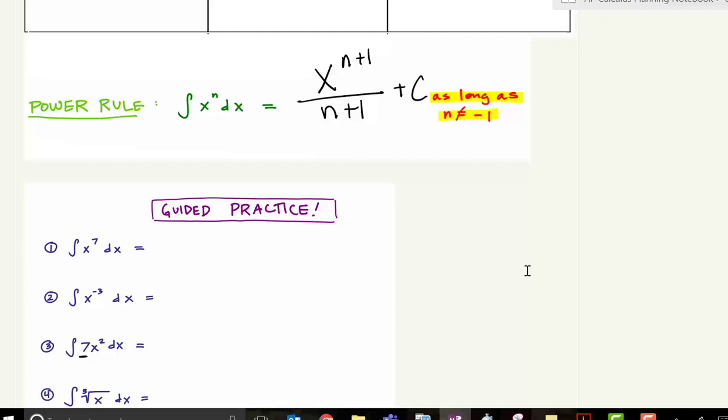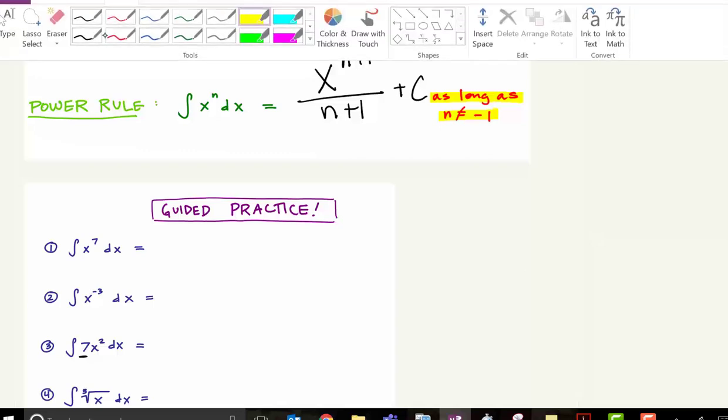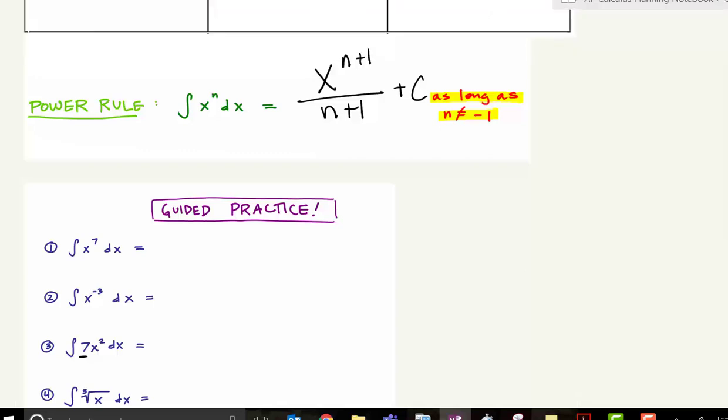So now that we've established this power rule, I'm going to take us through some guided practice to show you guys how to use this. So if we have x to the 7th, we're saying, all right, 7 is my n value. So if I am anti-differentiating or integrating, we would have x to the 7 plus 1 all over 7 plus 1, plus c, which gives us 1 over 8 x to the 8th plus c.